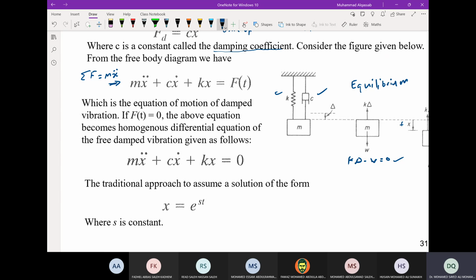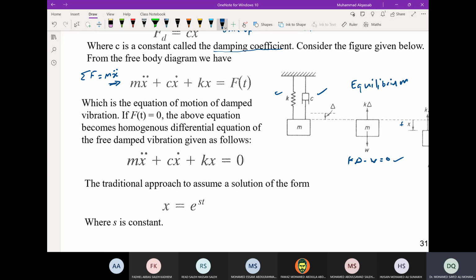If f of t is not 0, then it is a forced vibration. Since we are in chapter 2, which is about free vibration, we put f of t equal to 0 to study the characteristics and behavior of the oscillations of the system under free vibration. So the equation becomes m x double dot plus c x dot plus k x equals 0.